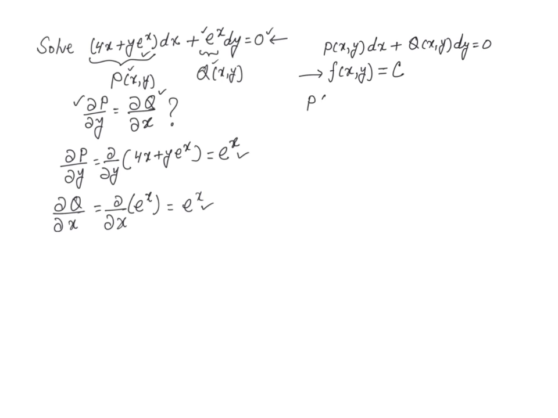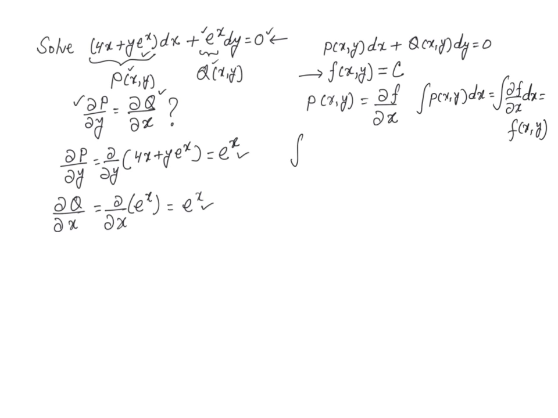Remember, our P of x comma y is nothing but del f over del x. Now what we can do is integrate P of x comma y with respect to x, and integrate del f over del x with respect to x, and that is going to give me f of x comma y.